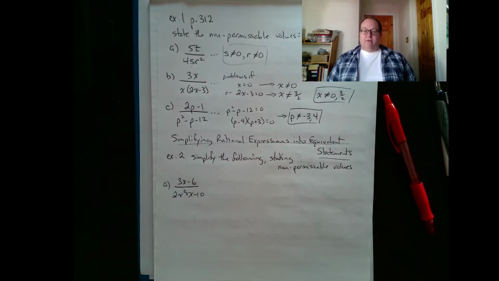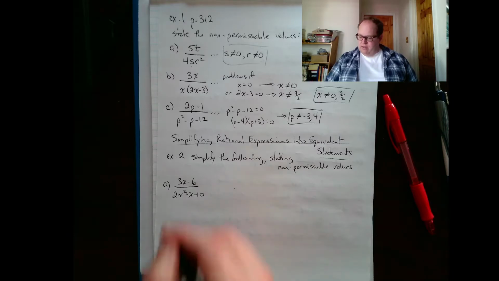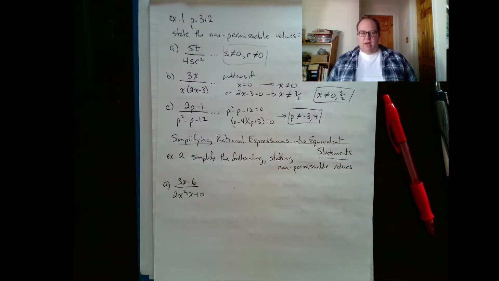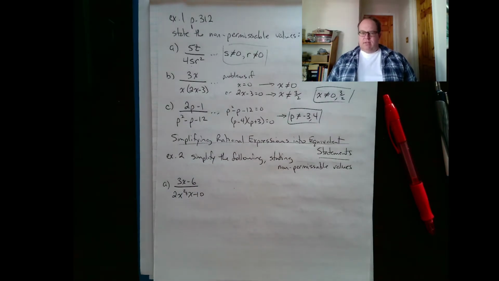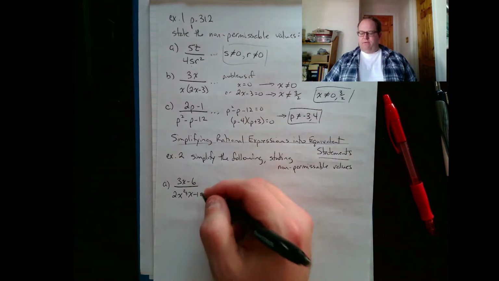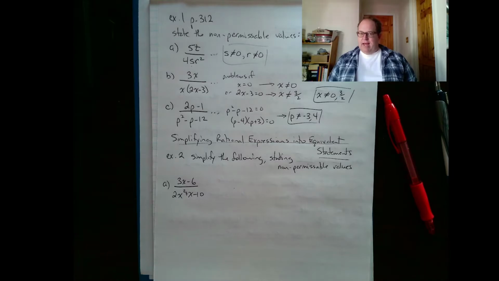And now in simplifying, effectively what we end up doing is moving towards a point where we can cancel some things out. And a little word about cancellations here. I cannot, nor should I ever try, to cancel out these x's. Doesn't work, doesn't happen. I cannot reduce the 6 over 10 to 3 over 5 in this case. Doesn't work, can't happen.